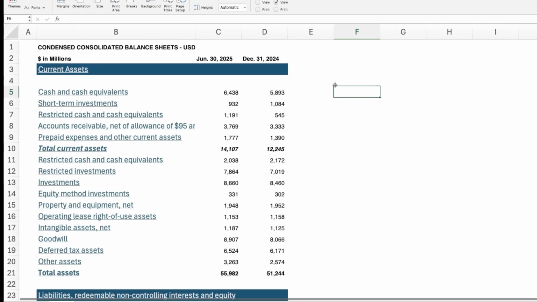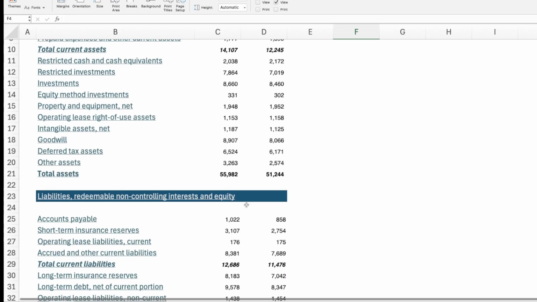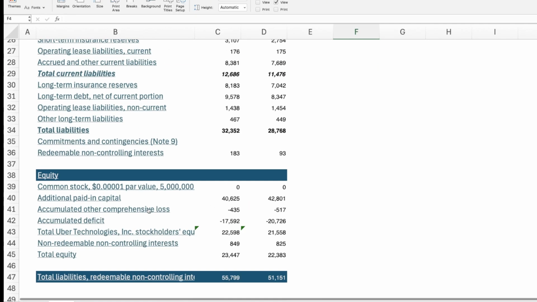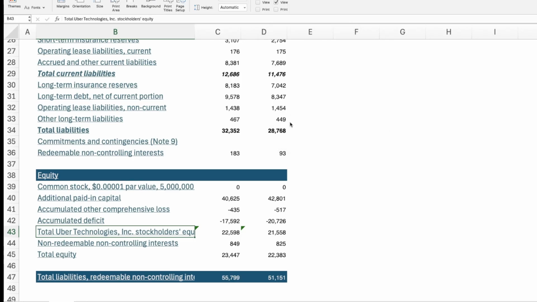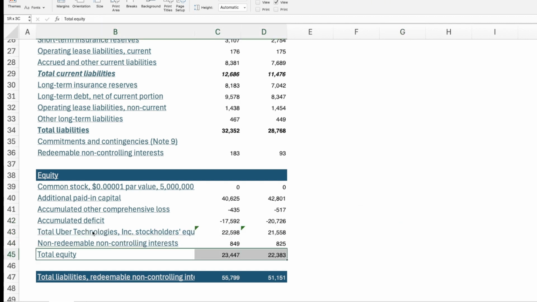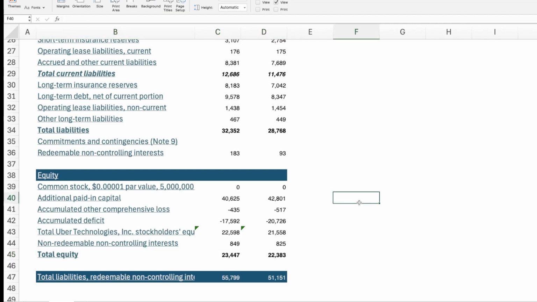So we're going to be looking at, let's bold this so that we know, actually not that one. Let's bold this one. There we go.